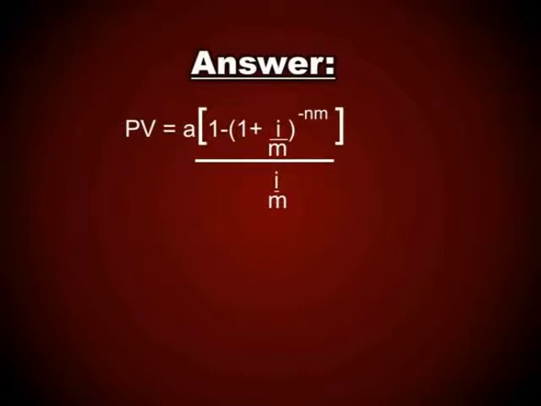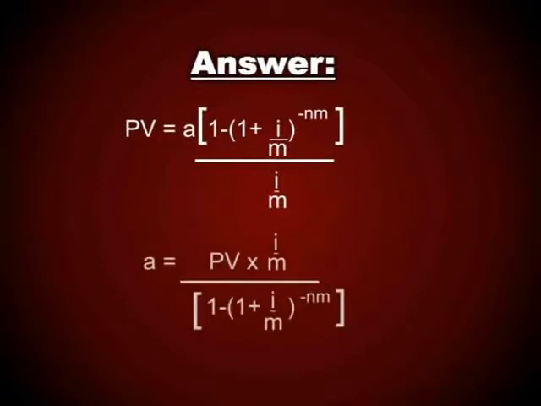Remember, we are looking for A. I'm going to use simple formula manipulation to get A on its own before I plug in values. A is going to equal present value times I over m, all of that divided by 1 minus 1 plus I over m to the power negative nm.